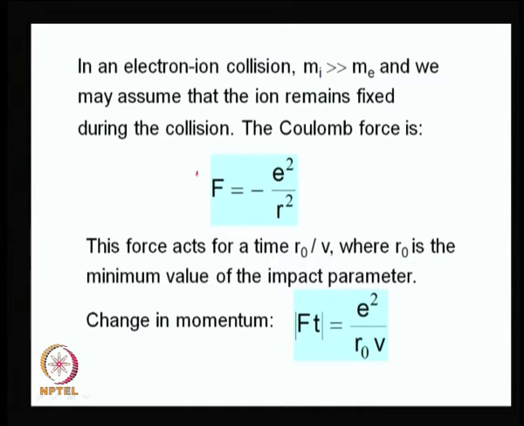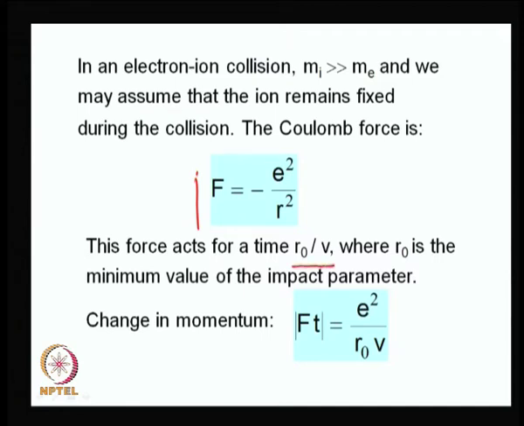To keep things simple, we can write the Coulomb force as F equal to minus e squared upon r squared. If the velocity is v and the distance of closest approach is r0, then this force acts for a time r0 upon v.